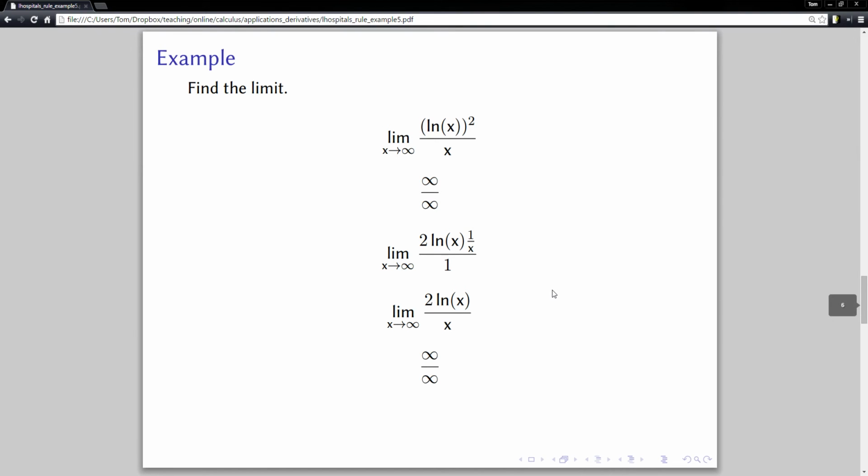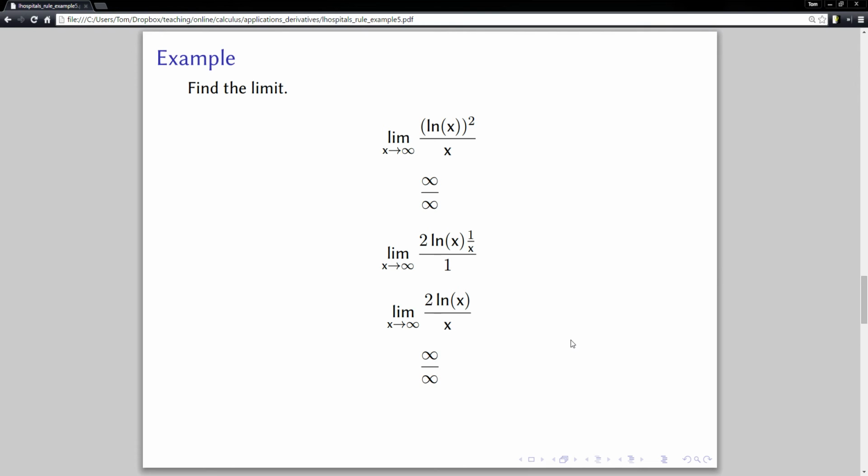All right, next up, I want to analyze what's going on as x goes to infinity with the top and the bottom. And so the top is going to be infinity again because of the natural log. The limit as x goes to infinity of the natural log function is infinity. And of course, the bottom part, the limit as x goes to infinity of x is also infinity.